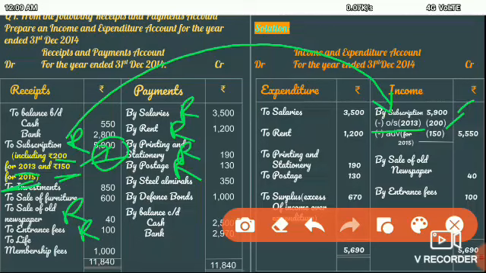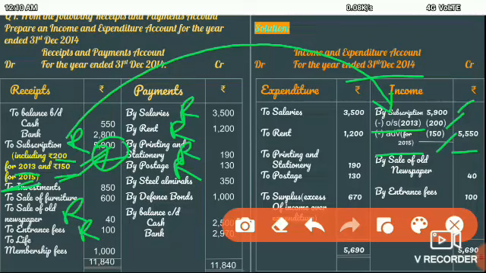So this 150 which is present in this 5,900 also has to be deducted. So we write less advance for 2015 and we deduct this 150. Now after the adjustment, the amount that comes is 5,550, which is the actual subscription of the year ended 31st December 2014.